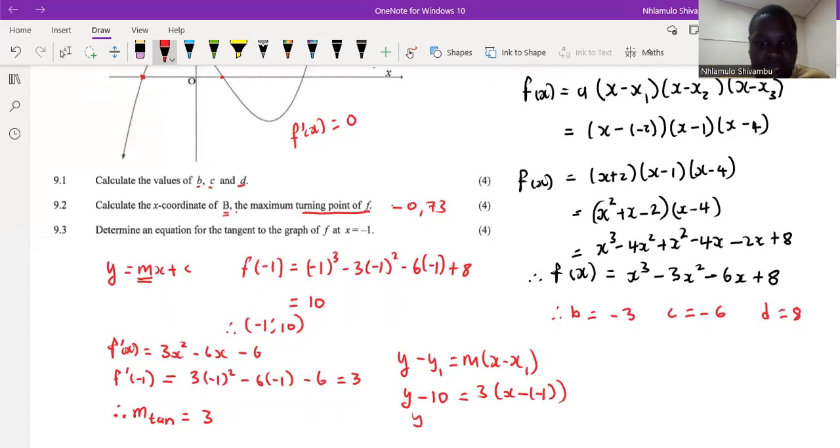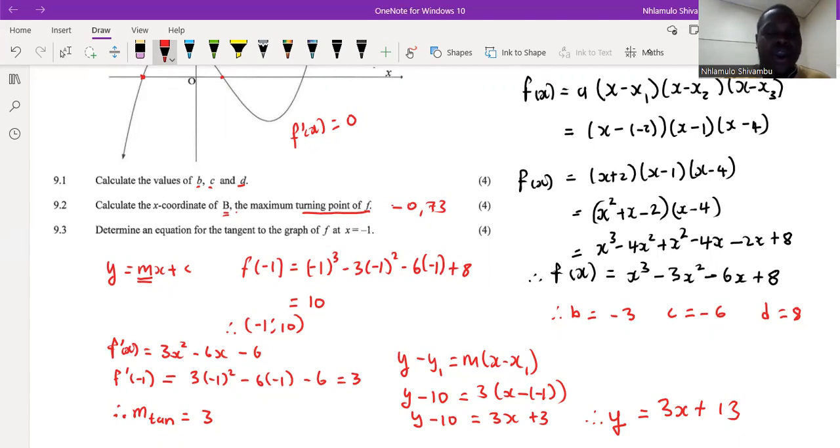So y minus 10 equals 3x plus 3, and simplified, y equals 3x plus 13. And that will be the equation of the tangent to f at x equals minus 1.